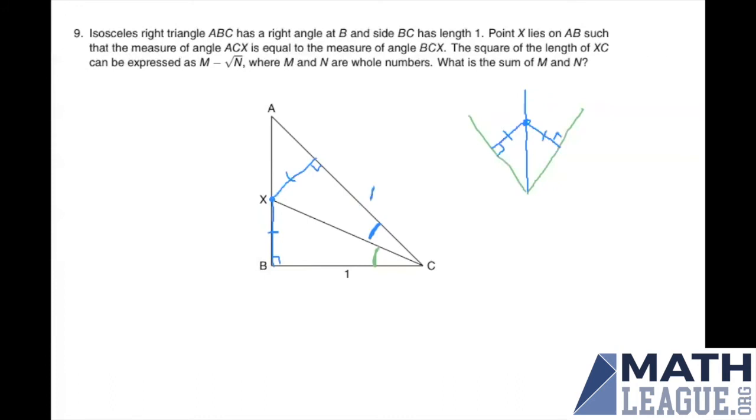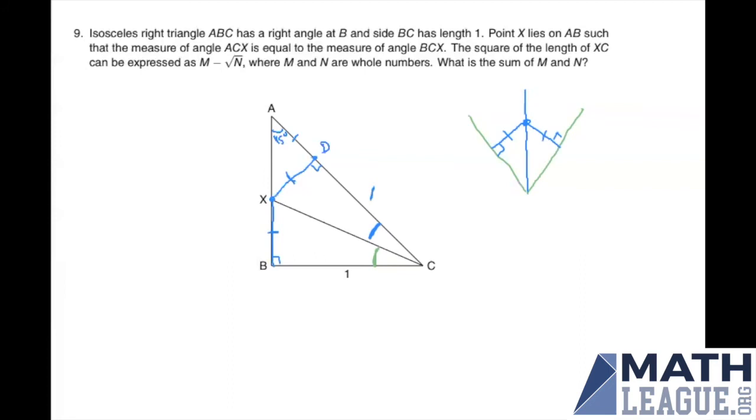Okay, so now what? Well, now we can see something kind of easy. This is a right angle, this is a 45, since this is a 45, 45, 90. So then what is this? Then this has to be equal to that since we have another 45, 45, 90. This AX, let's call this D. AXD is also 45, 45, 90.